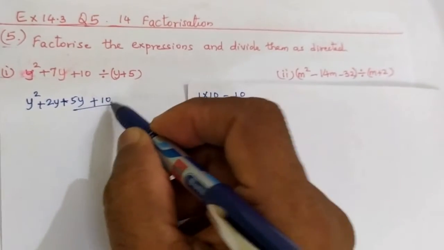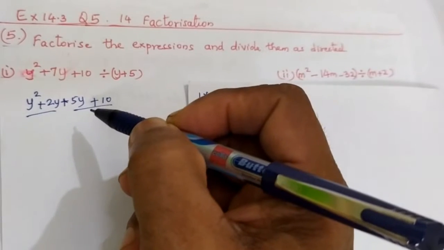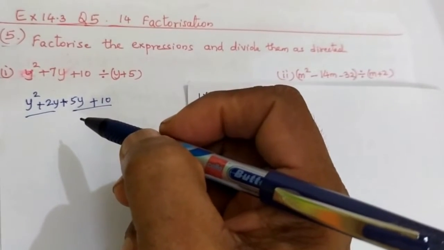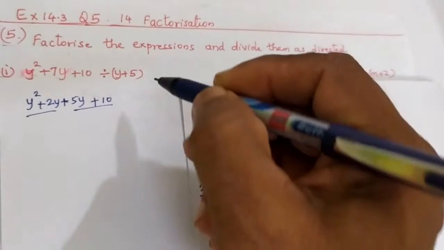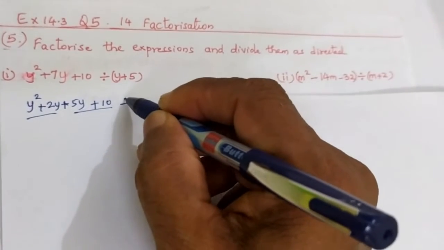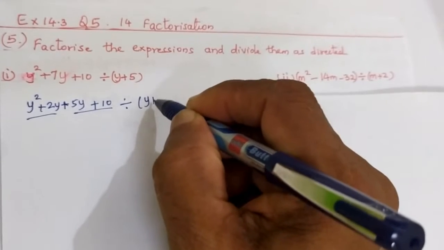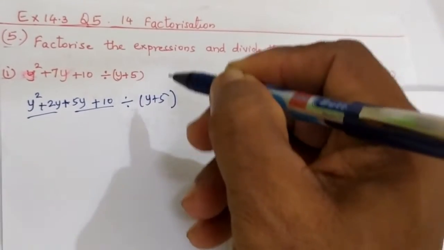So we will take two terms like this and find the common factor. What is common between these two? We will write down y plus 5 as it is.